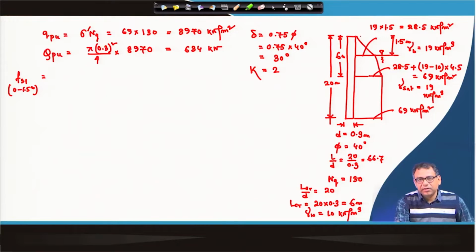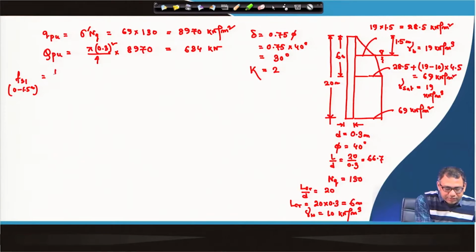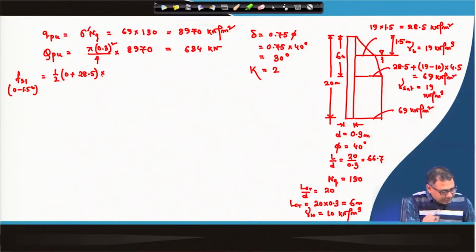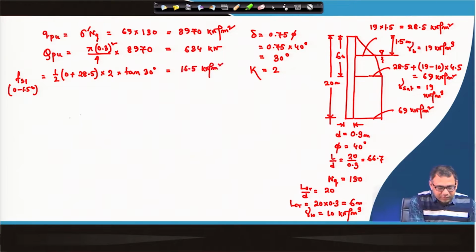This is a triangle which starts from 0 to a certain value, so the average value will be 0 plus 28.5, divided by 2, into K, and K value is equal to 2 into tan delta, where delta is 30 degree. So, this is 16.5 kilonewton per meter square.